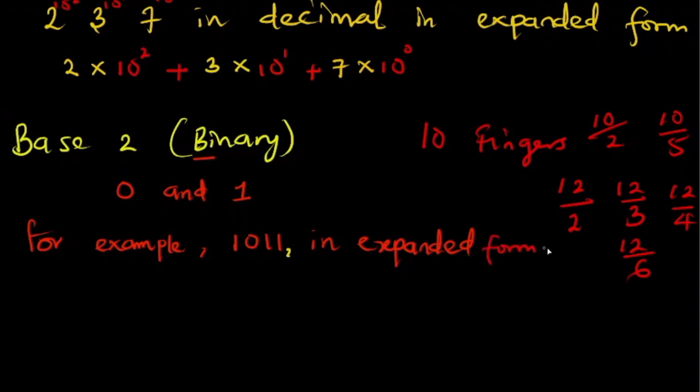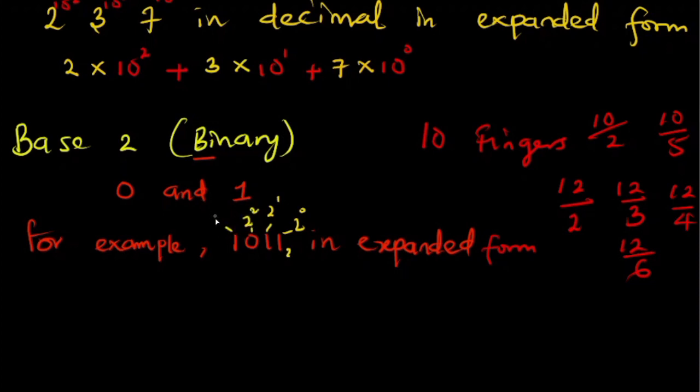Good. So remember what I said, that the base remains the same. The value of the numbers increases as you go from right to left. So the first one here is going to be 2 raised to the power of 0. The second one, we have 2 raised to the power of 1. This will be 2 raised to the power of 2.